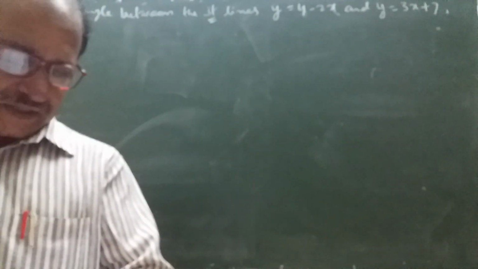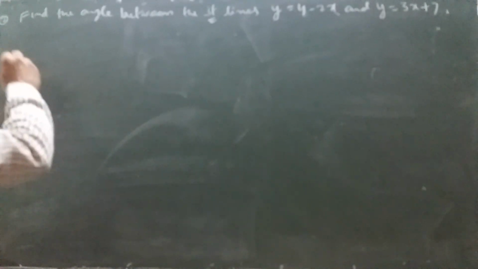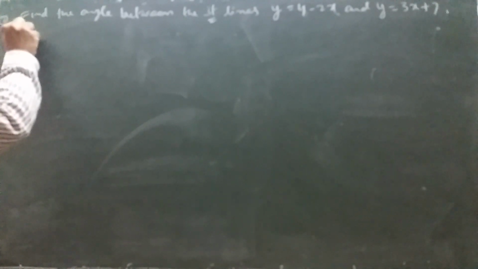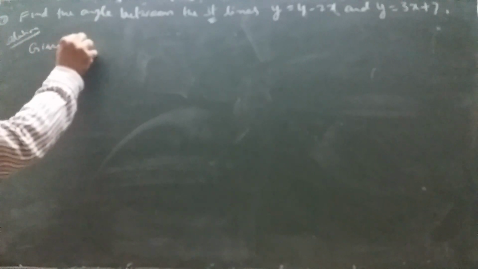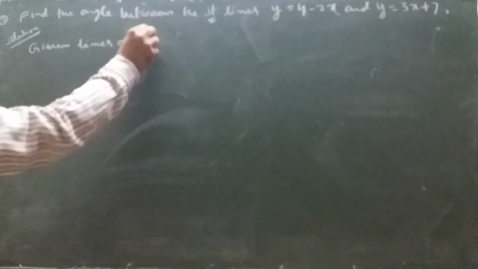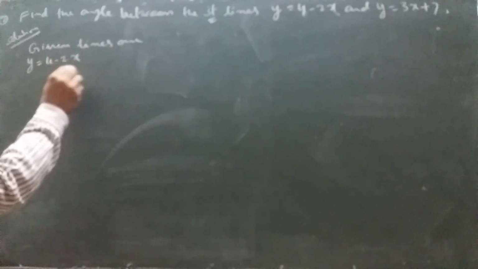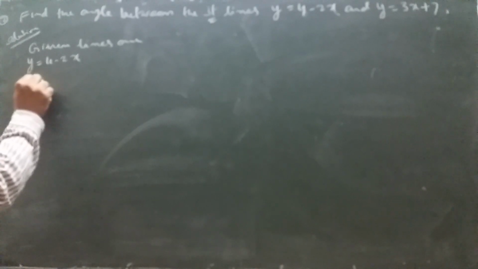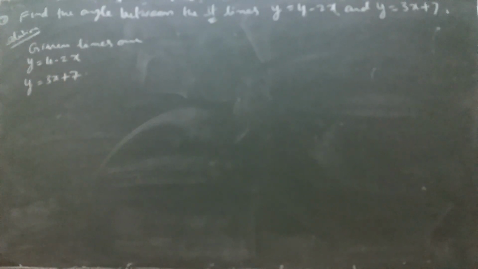Okay, given straight lines: y is equal to 4 minus 2x and the second one is y is equal to 3x plus 7.